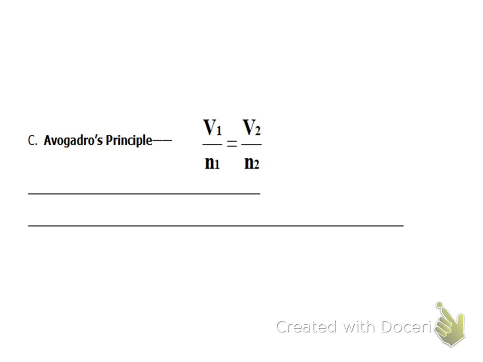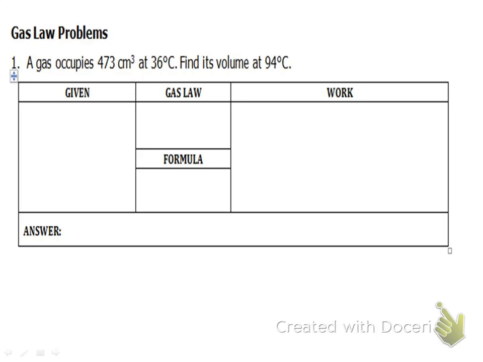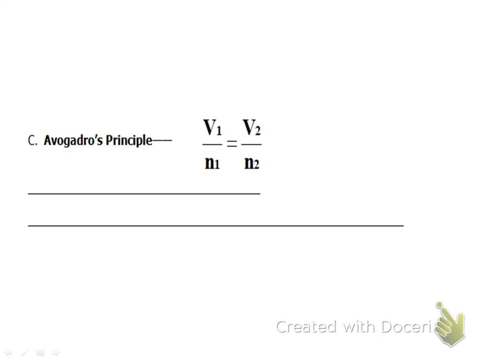All right, and then finally, this was the 3rd principle from yesterday, which was Avogadro's principle, which talks about the number of particles. The number of particles, which is also called the what of gas? Moles.